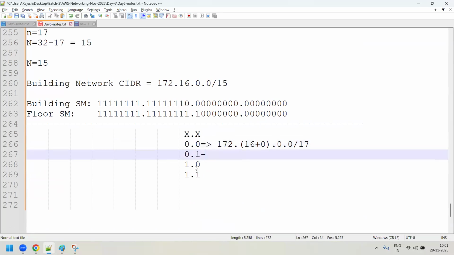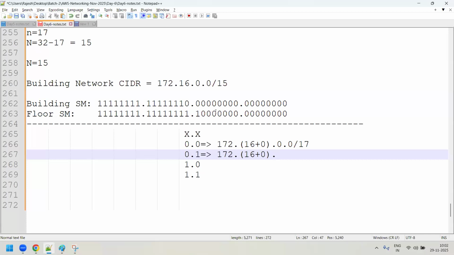What is the second value? 172 dot, this is the second octet 16, right? 16 plus 0, this is 0 only. But here this is 1. If it is 1 and the rest are all 0, what would be the value?